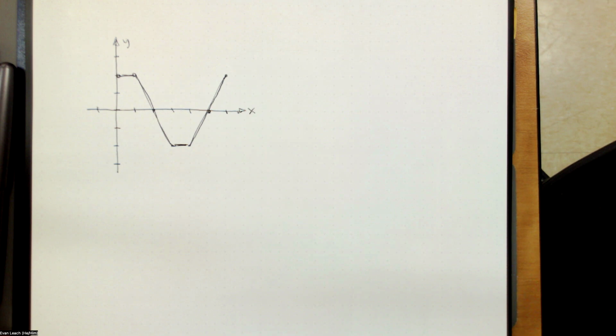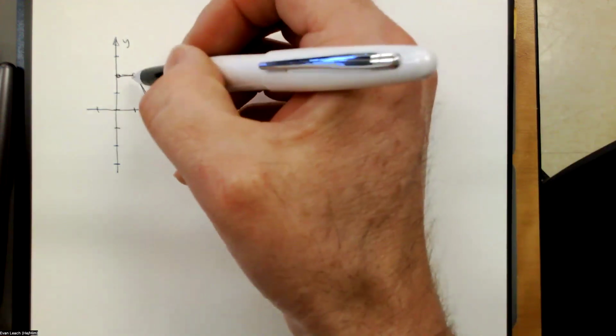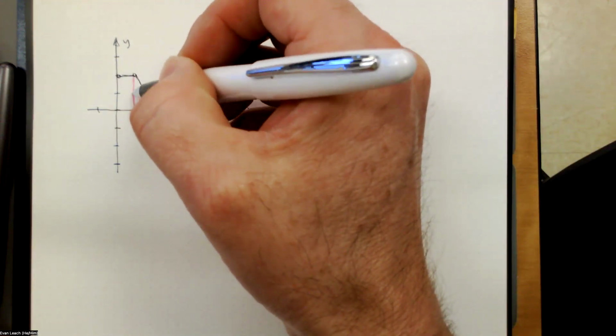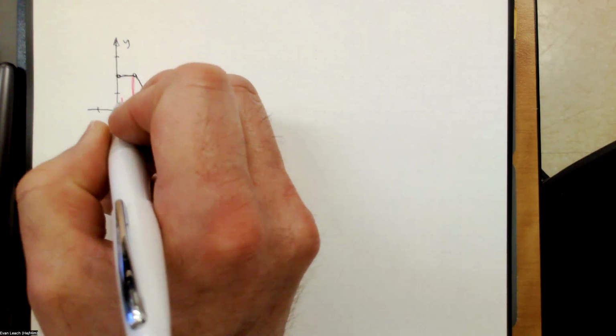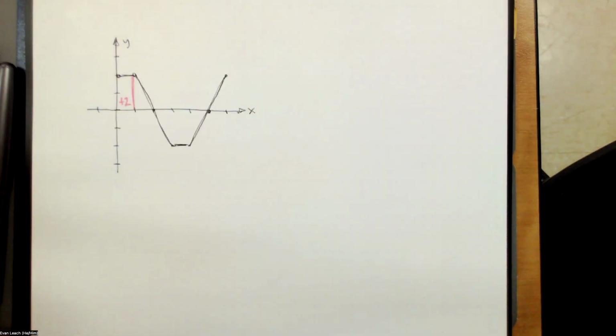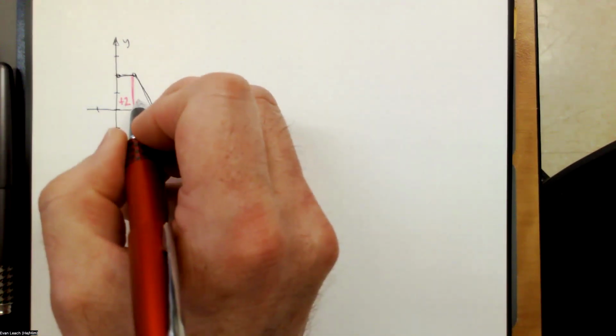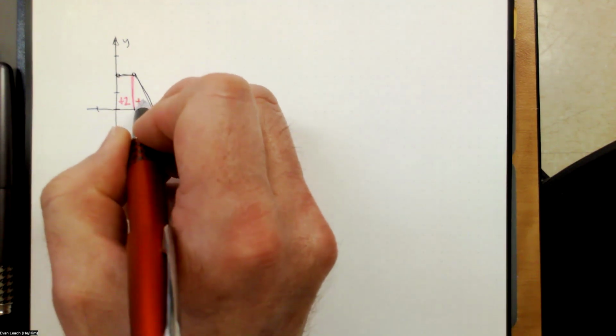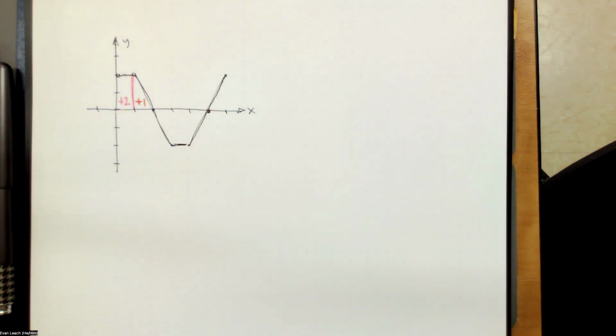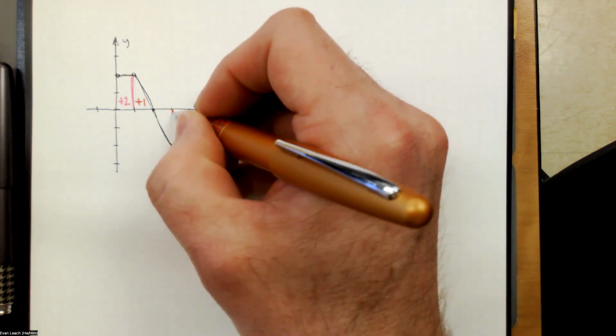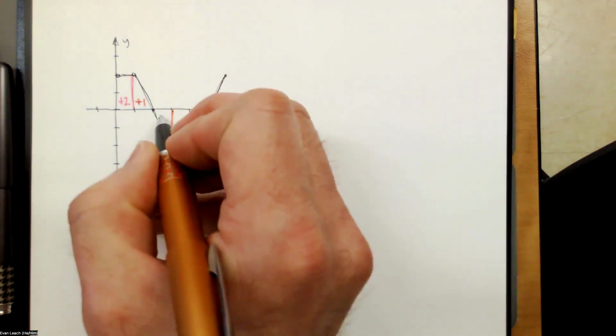As far as reading the changes goes, what we want to look at when we have a graph like this, the reason that I use line segments is that it's really easy to figure out what the areas are. So just take it a piece at a time. This first rectangle I'm going to label a +2. Then the second rectangle, I'm going to label a +1. These are just the areas. And the sign is just whether it's above or below the x-axis. And then this third one here will be a -1.